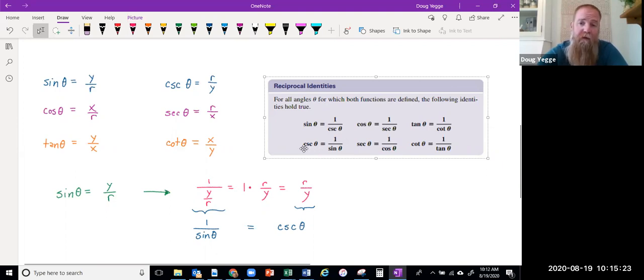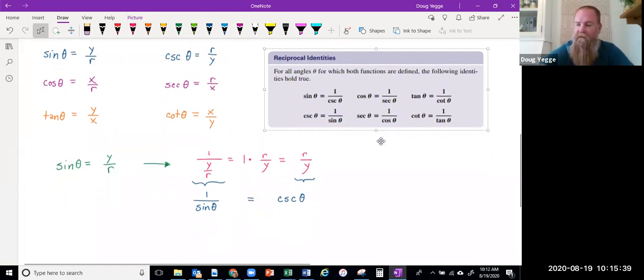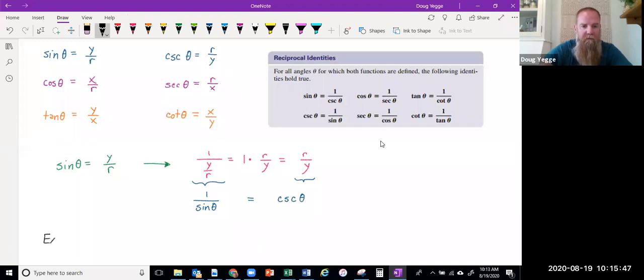And likewise, I could rewrite cosecant of theta as 1 over sine of theta. Since these are reciprocals of each other, secant of theta and cosine of theta, we can write them as their reciprocal identities. So the reason why this is beneficial is in finding values by being given one ratio.